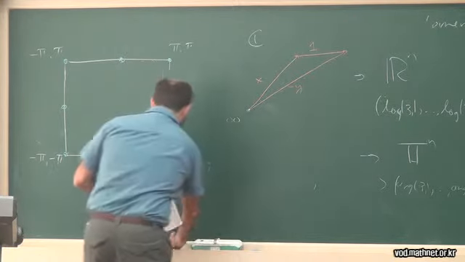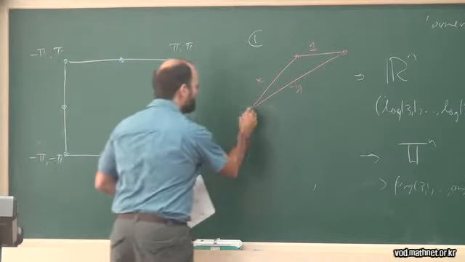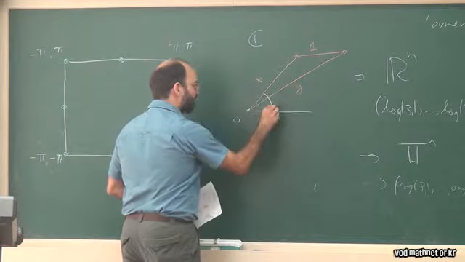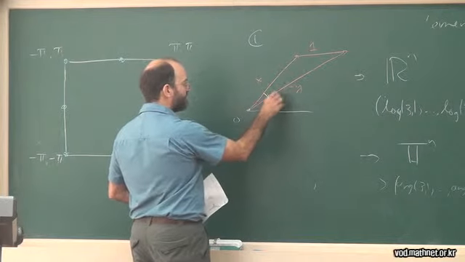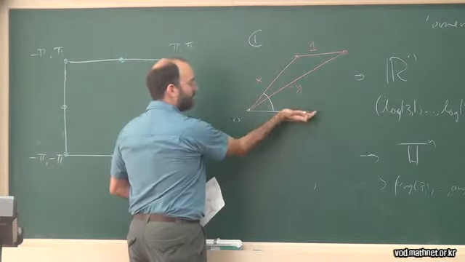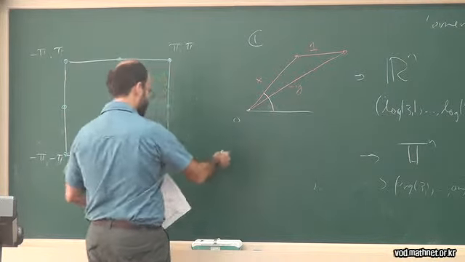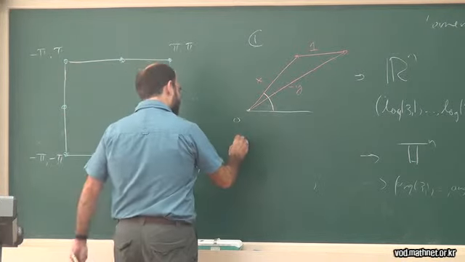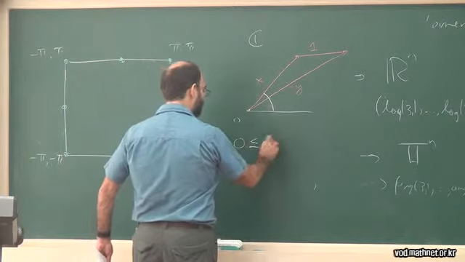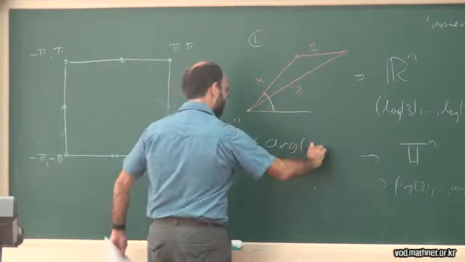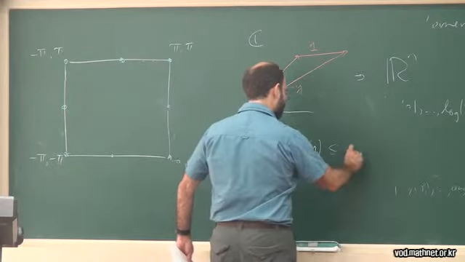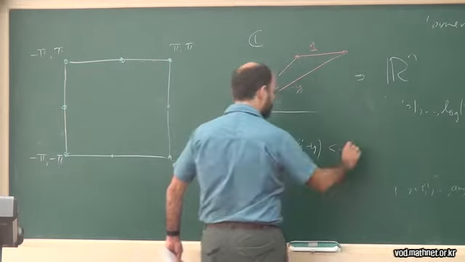And what we see here is that the argument of x is bigger than the argument of negative y, and that is bigger than the argument of 1. So there's an inequality here: 0, which is the argument of 1, is less than or equal to the argument of negative y, and that's strictly less than the argument of x.